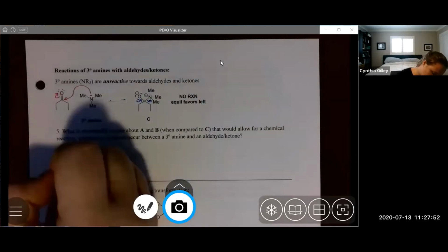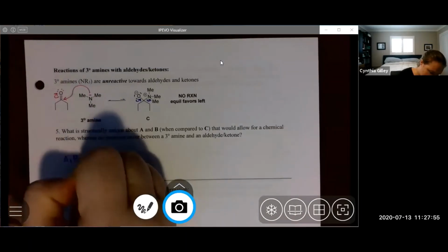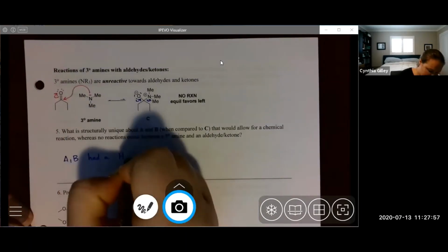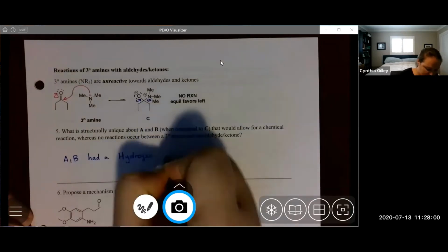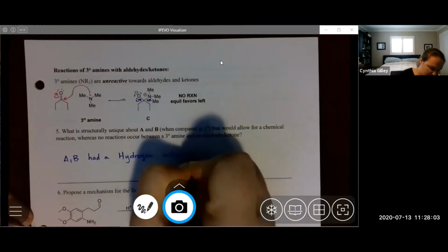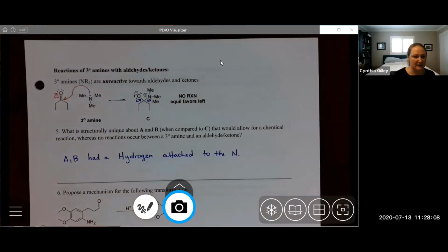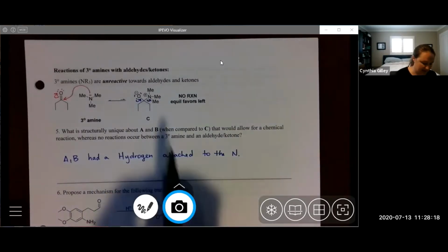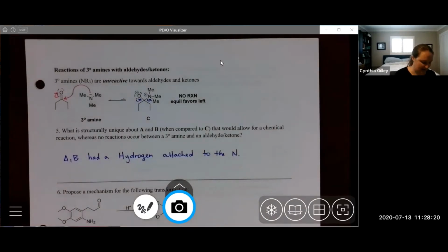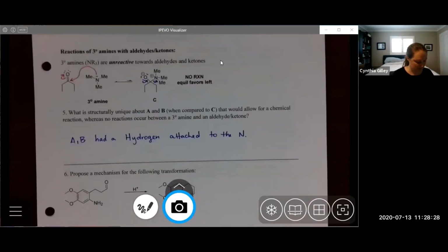A and B had a hydrogen attached to the nitrogen, and C does not. That's the difference. There's a way to deprotonate this to make it neutral, which would make this a bad leaving group. But without that, it's a good leaving group, and it just goes right back to the starting materials. So basically, just remember, tertiary amine, no reaction.